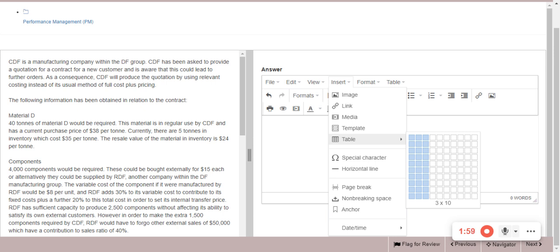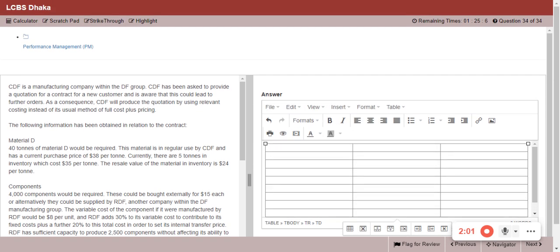So there we go. Over here, we're going to put the name of the cost. Over here, the values, and over here we're going to have the notes.